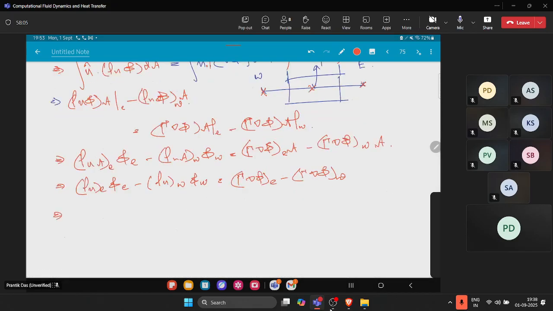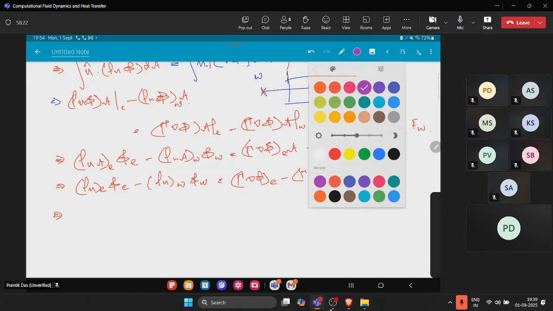So rho UE is basically what? Fe, and rho UW is what? FW. As we know, since we have to maintain conservativeness, Fe should be equal to FW. Both of them should be equal.